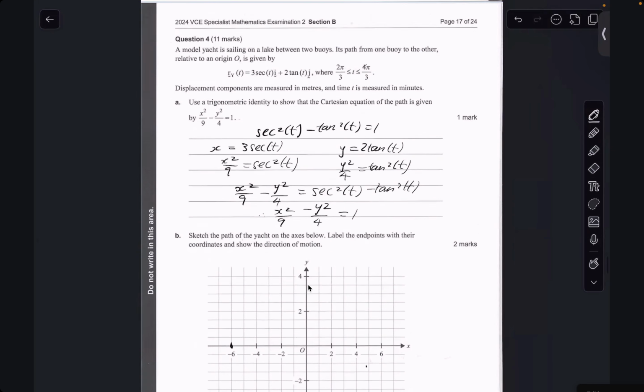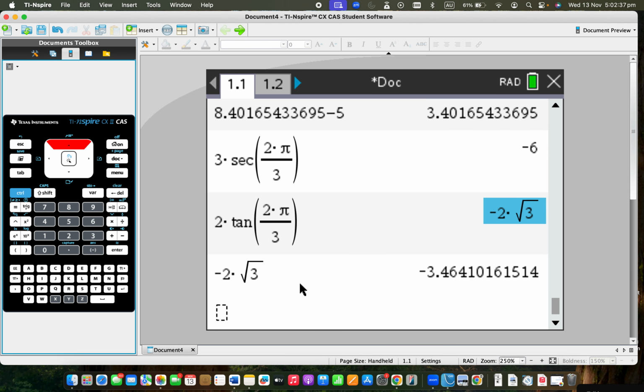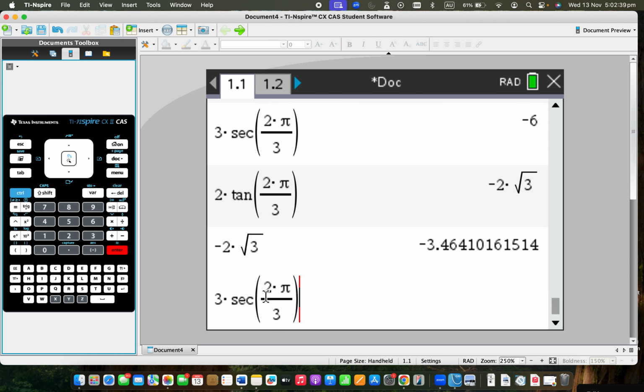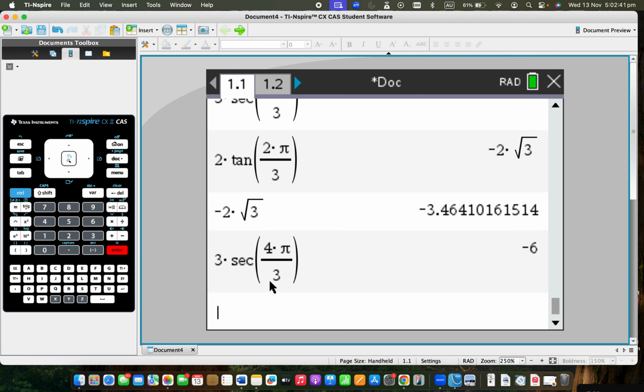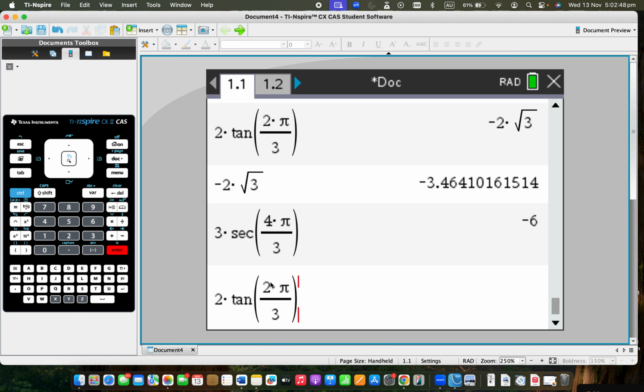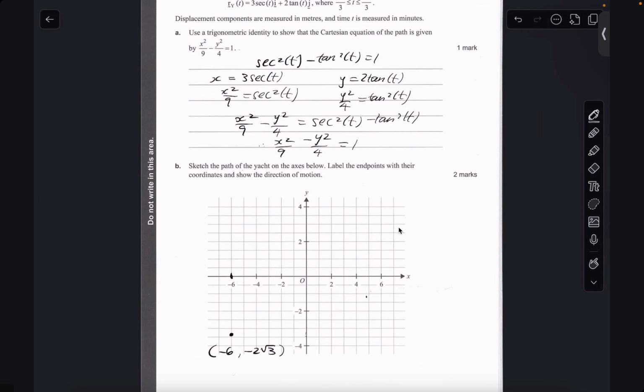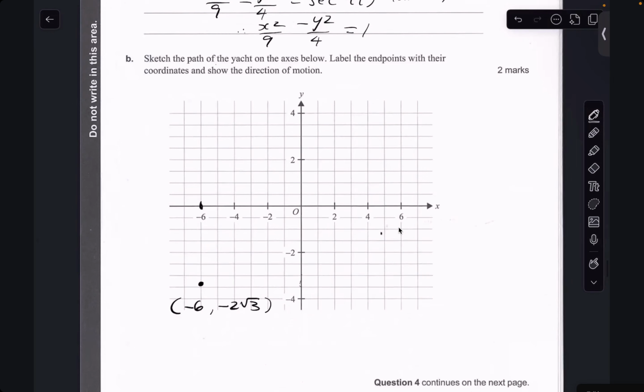And then at 4 pi over 3, again, it's negative 6, but I think it'll probably be positive 2 root 3. And then I think it goes like that.